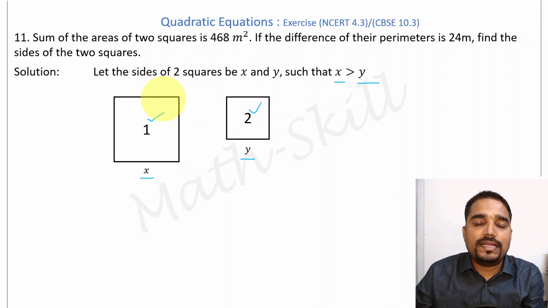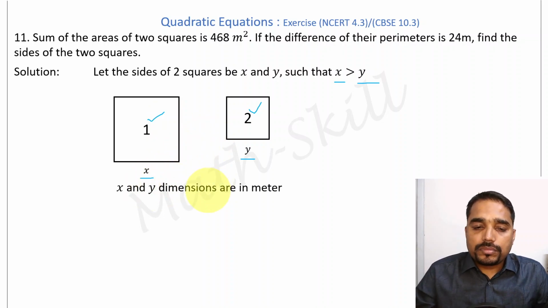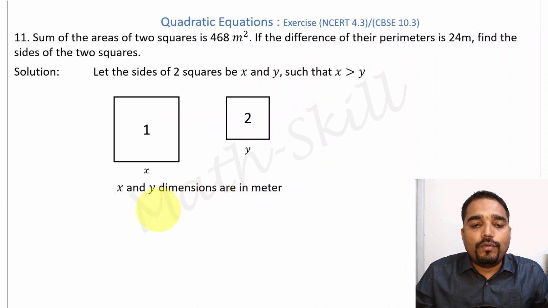So as we had seen earlier, there are two formulae we have to remember related to the perimeter and also area. Now let us apply those formulae to both the squares.